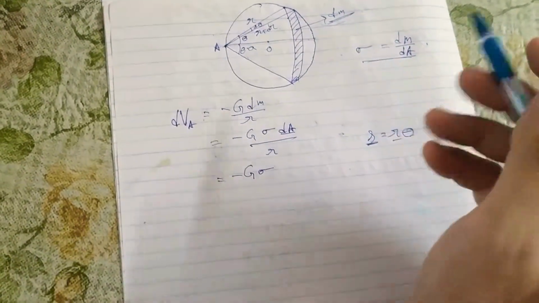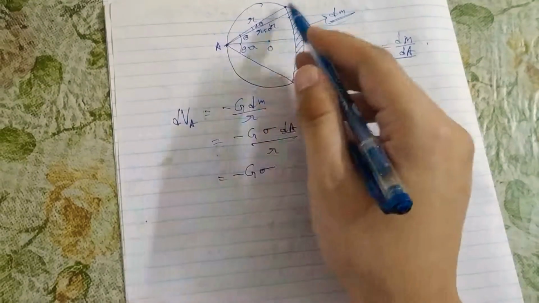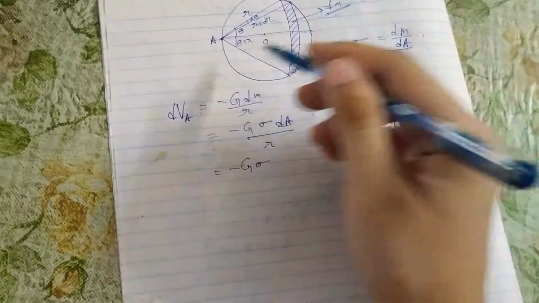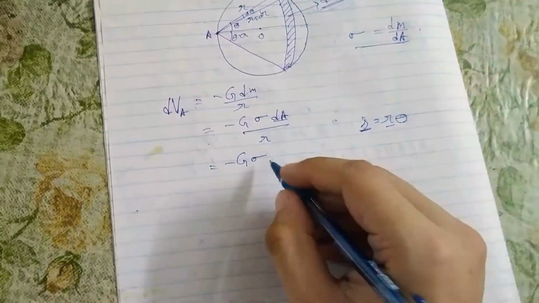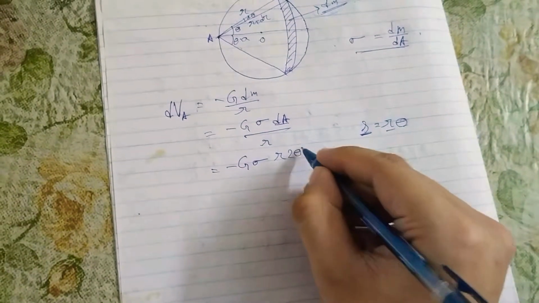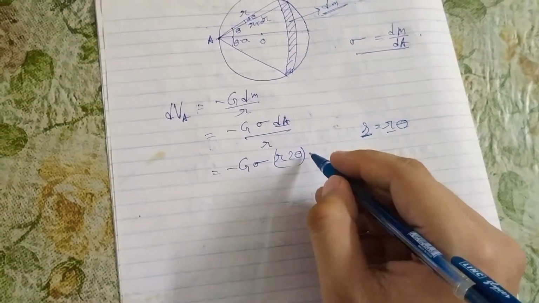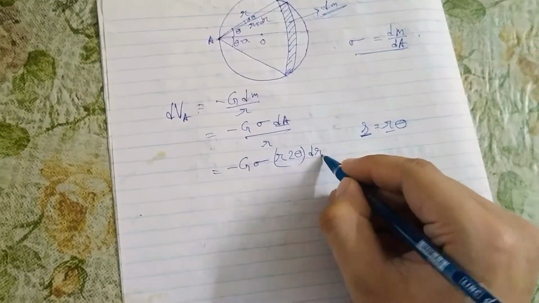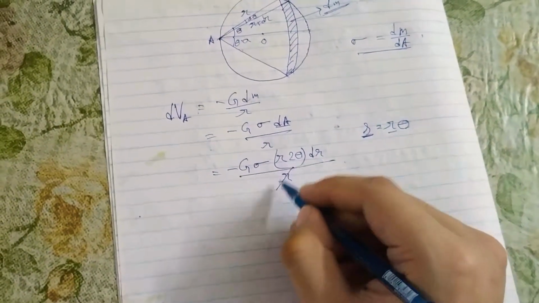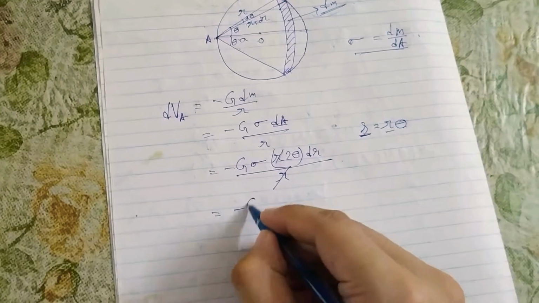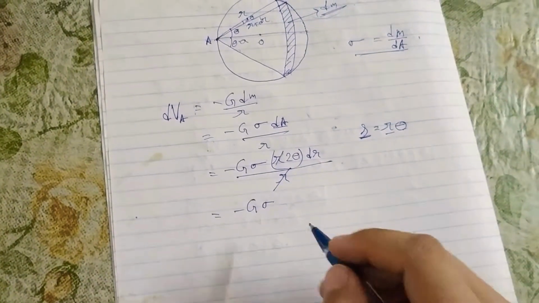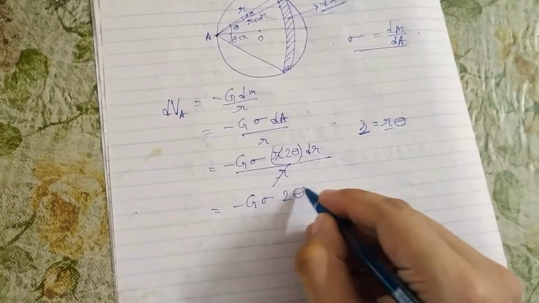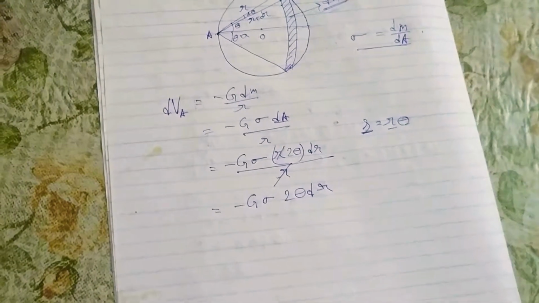Here the arc length will be r, the radius, and 2 theta is the angle. So r times 2 theta, and with this we have to multiply the breadth, that is dr. Now this and the r will be cancelled out, giving minus G sigma 2 theta dr.